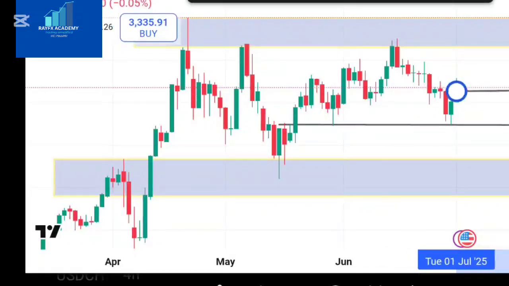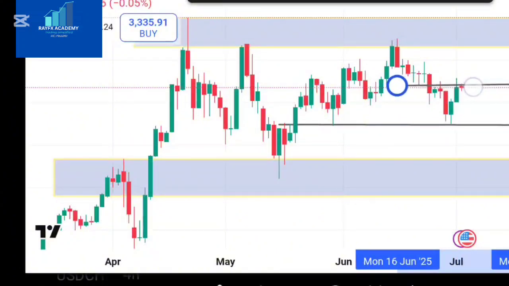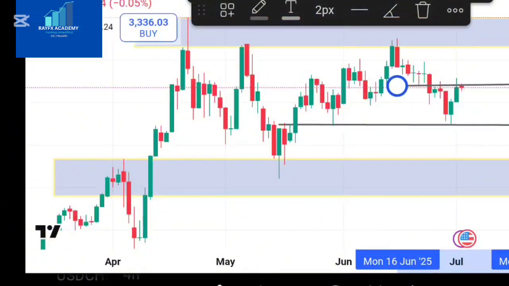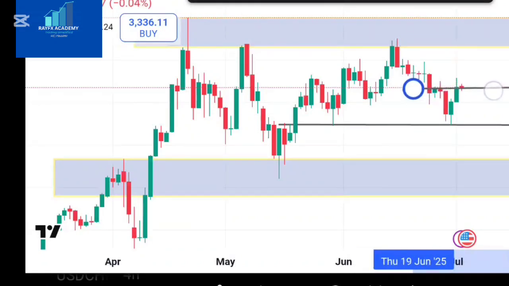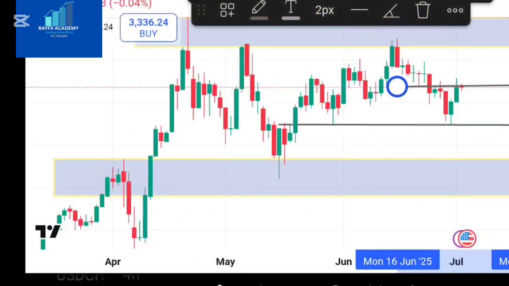Do you understand? Working with this lower low here, you can see that no candle body has been able to break it.